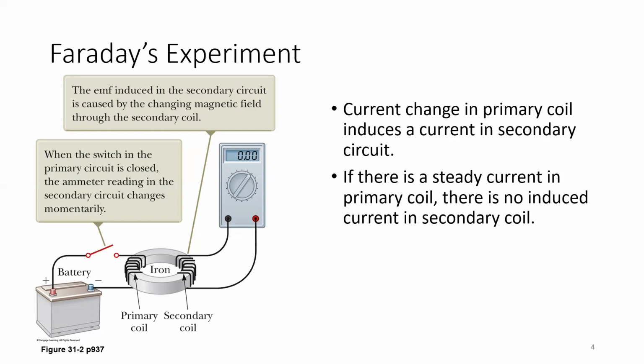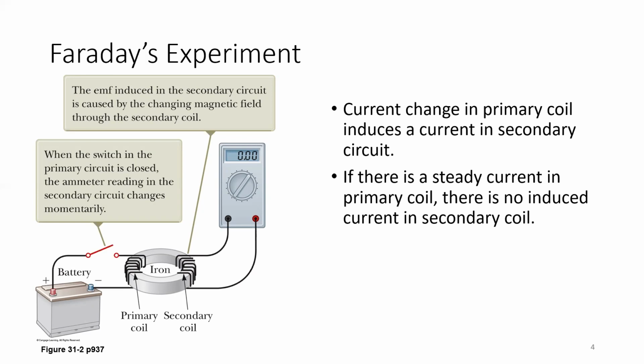When that magnetic field turns on, it goes from no magnetic field when there's no current in the primary coil to some magnetic field when there is a steady current. So there's a point where it's changing from nothing to something, and during that change, there is a current induced in that secondary coil. That secondary coil is just hooked up to an ammeter where we can measure this, but it's not hooked up to any battery that's causing this current.